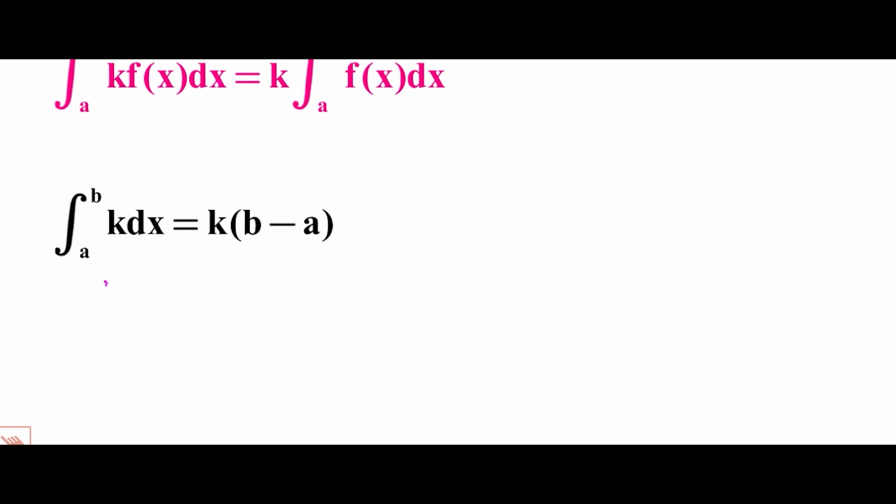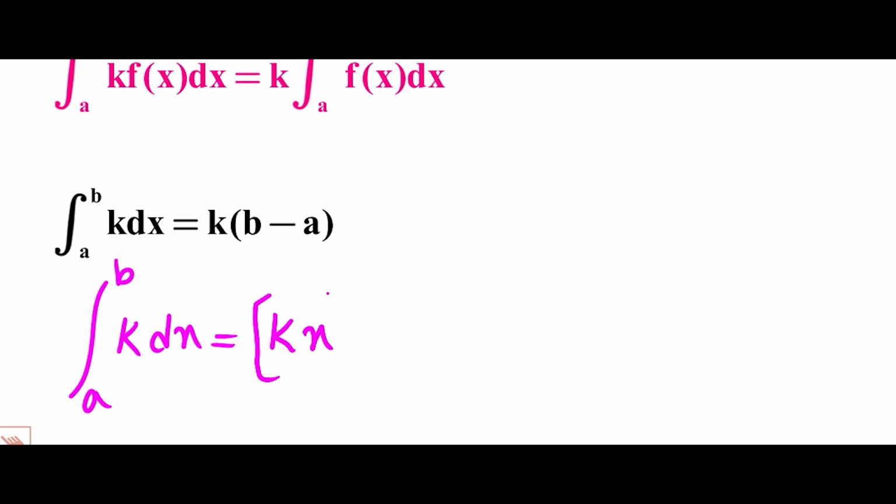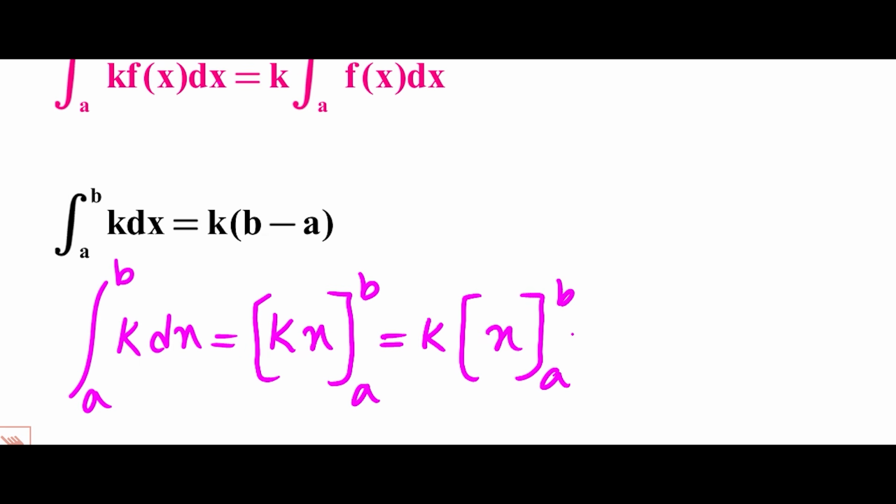Because the integral of k dx is kx from a to b, or k times x from a to b, so we have k times b minus a.